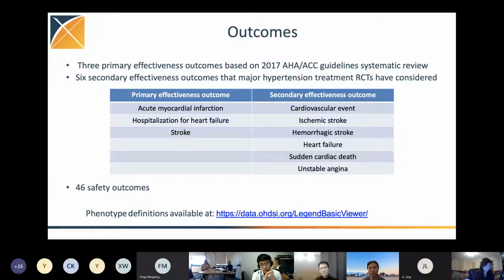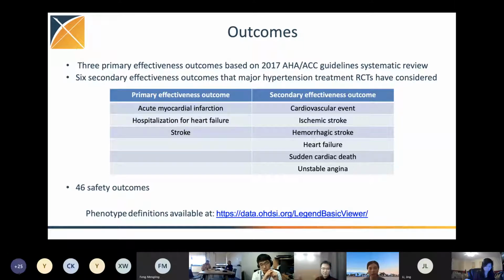There are 6 secondary outcomes included here, mainly cardiovascular events, different types of stroke, heart failure, sudden cardiac death, or unstable angina. We also consider 46 safety outcomes. All the phenotype definitions are already available in the link here.